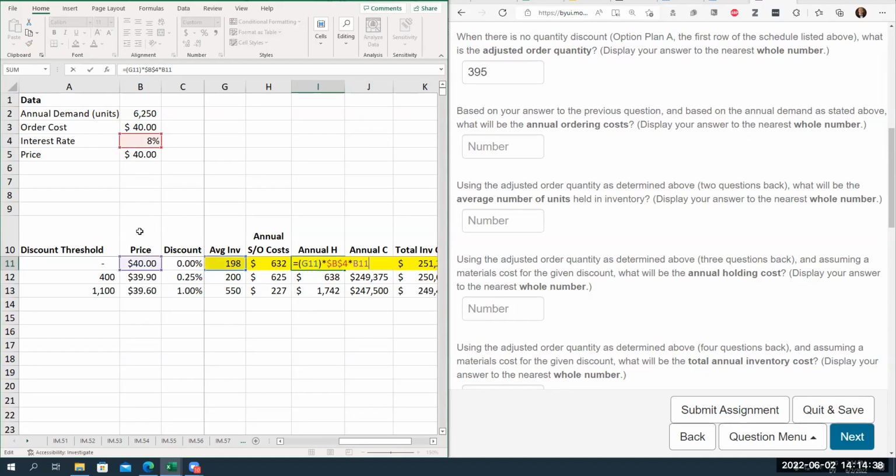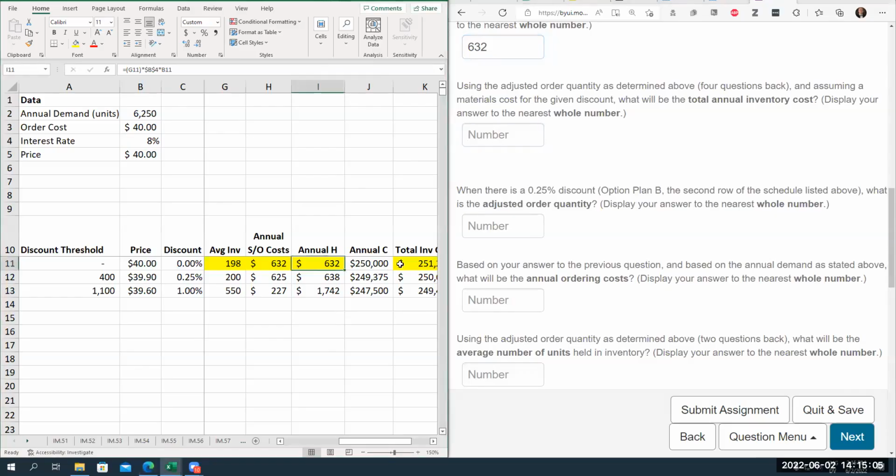So again, I'm taking my average inventory times the interest rate times that cost. That's my annual holding cost, which is down here for this question. Average number of units, that's the average inventory. So this is 198. Annual ordering cost is 632. Annual holding costs is this number, which is also 632.